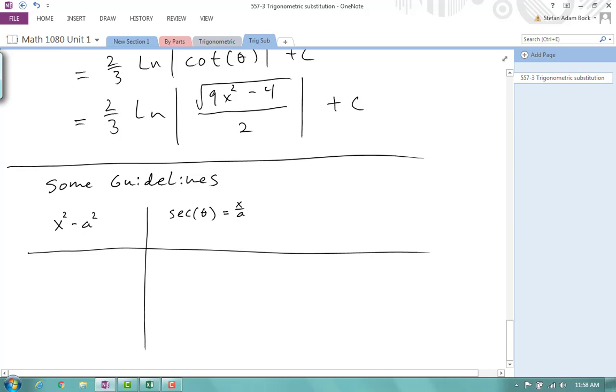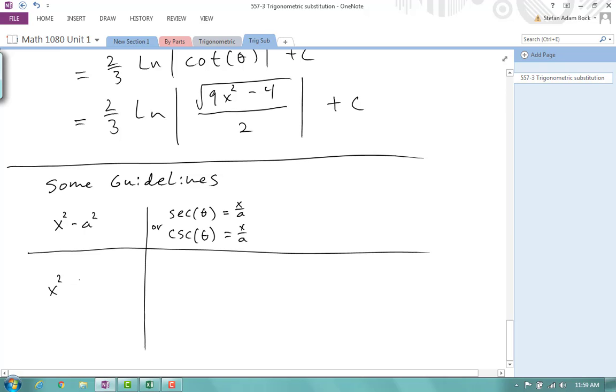Now, I had one of those right up above there, but I used cosecant. And the difference between using cosecant or secant is basically just which of the two angles on your right triangle that you choose to label. It's essentially the same process the whole way through.